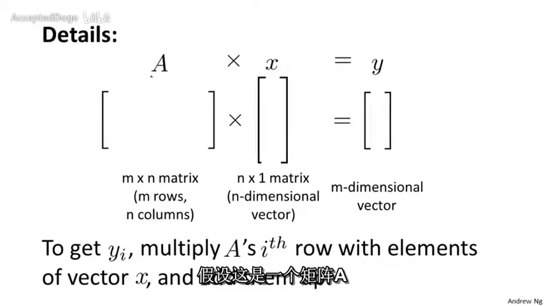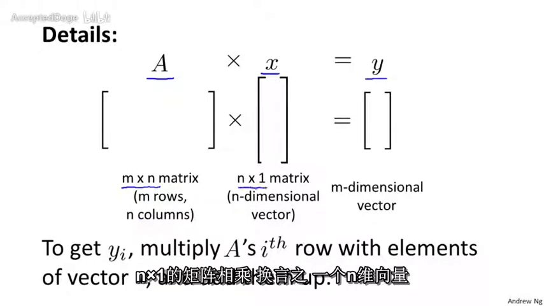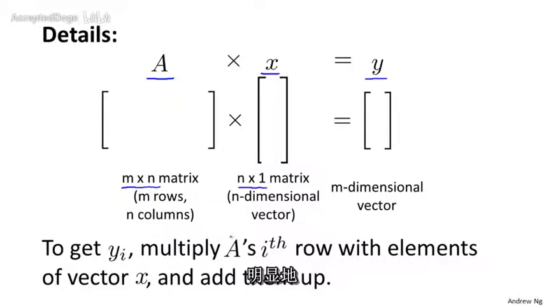Let's say I have a matrix A and I want to multiply that by a vector x. The result is going to be some vector y. The matrix A here is an m by n dimensional matrix, so m rows and n columns, and I'm going to multiply that by an n by 1 matrix, or in other words, an n dimensional vector. It turns out this n here has to match this n here.